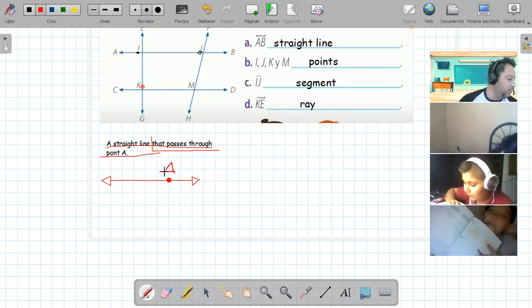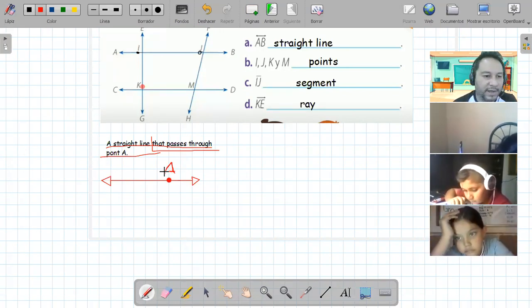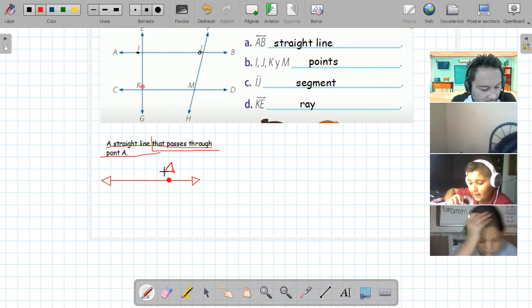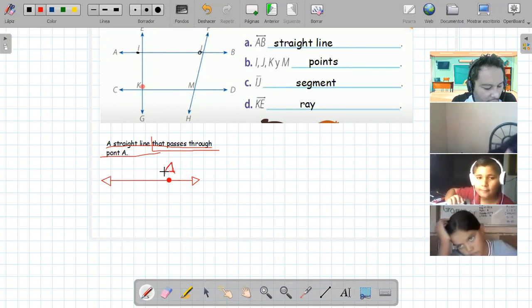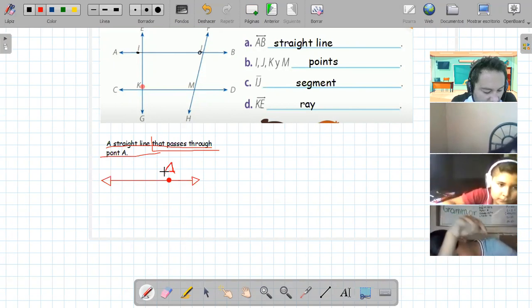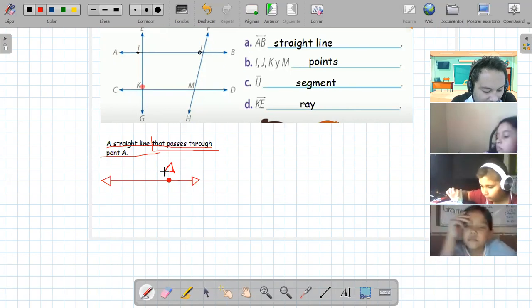Now we are going to analyze letter B. It says, a straight line that passes through point A, in a ray with an origin point at the same point A. I'm going to read it again. What would be the origin point?